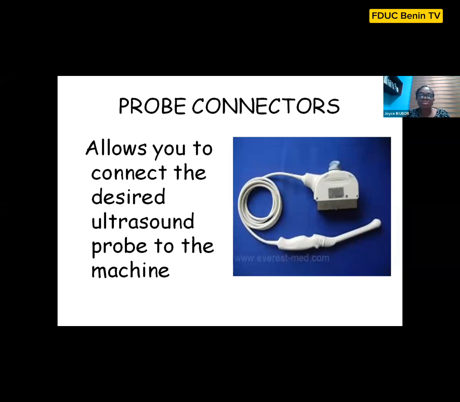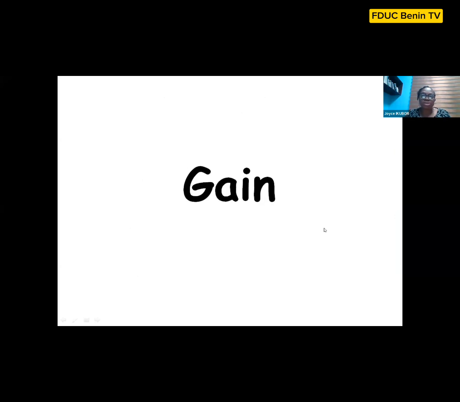But sometimes you may have to physically remove a probe and add another one, and this connector helps you to connect this probe to the machine. So this is a probe connector.